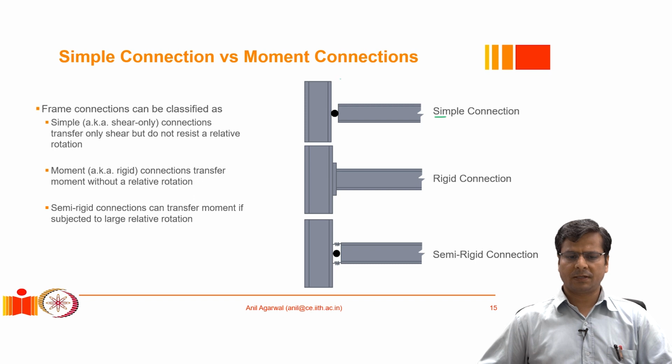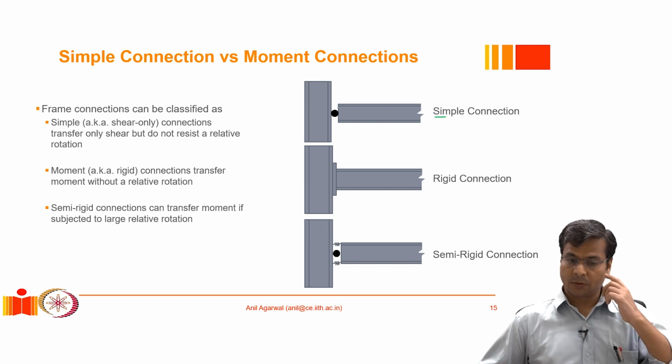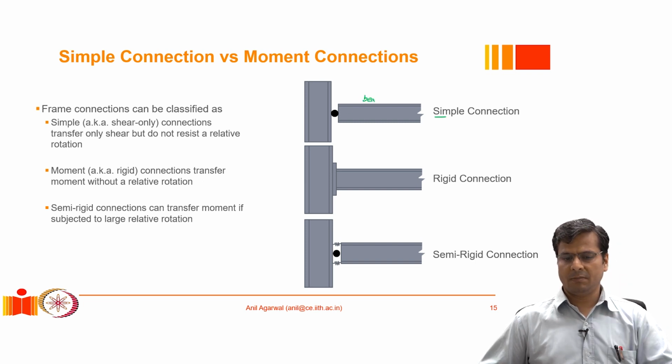We can see that there is a column. It need not be a column, it could also be a girder, but I have shown a column here. And this is a beam. The beam is supported by the column, meaning that any loads acting on the beam will be transferred to the column, and that's how it will go to the foundation.